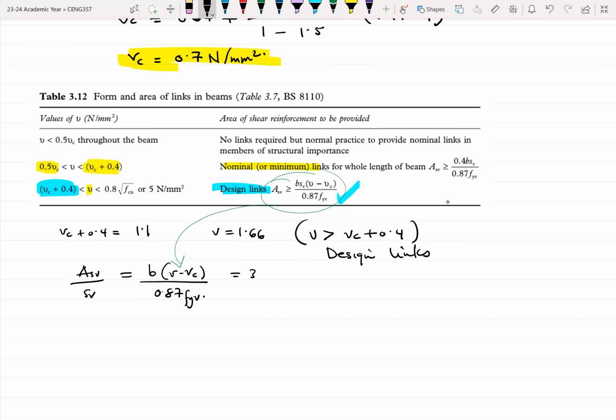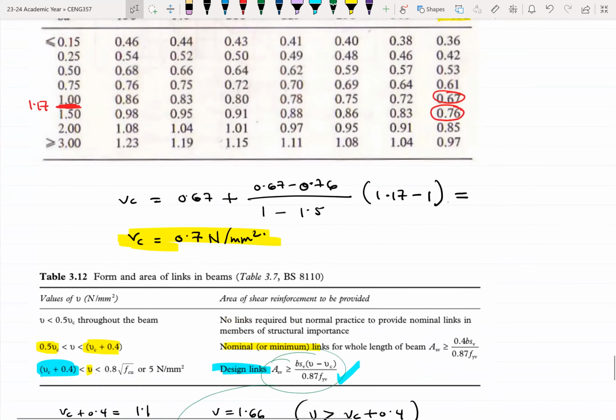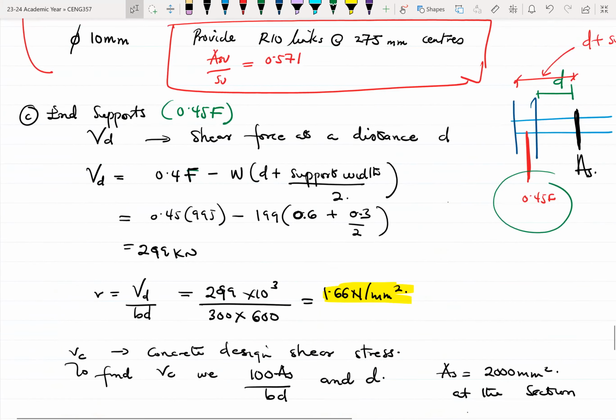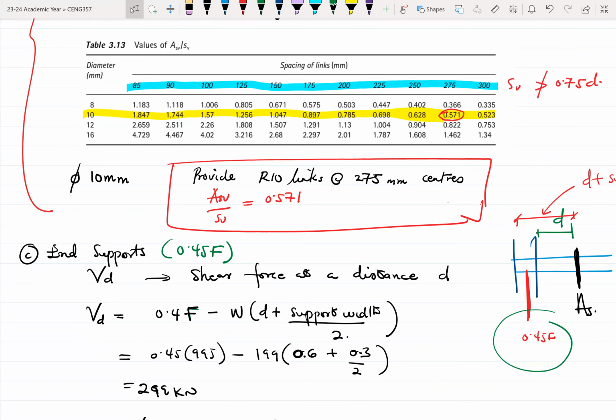All right. So this will be equal to 300, which is the B, times V, which is 1.66, minus a VC of 0.7, divided by 0.87 with an FYV of 250. Okay. So this should give us 1.32. Okay. So 1.32, again, we come back to this table over here. No, not this one. That one here. So 1.32, again, we are using 10 mm bars. So we have 1.7.